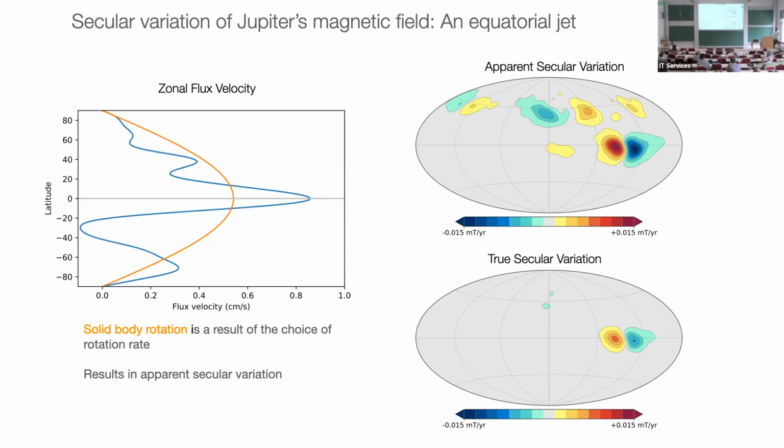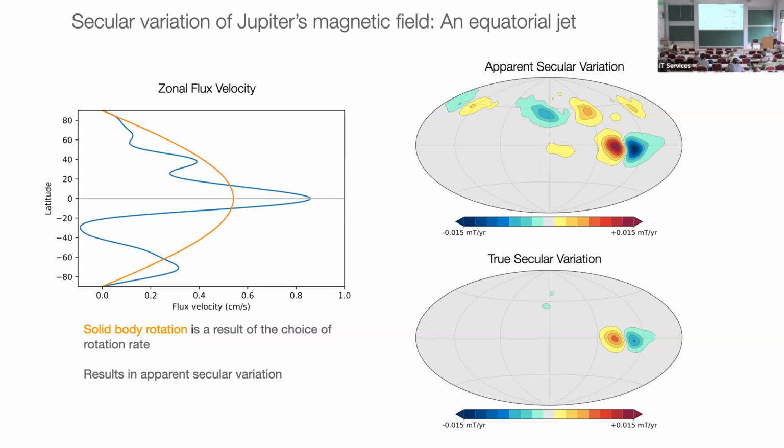the secular variation is dominated by this eastward motion of the great blue spot. Obviously, if you take a spot and move it one way, you create an area of one sign of secular variation on one flank of the spot, and immediately adjacent to it, secular variation of the opposite sign as it moves, as it translates towards the east.